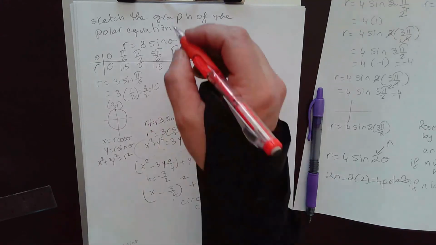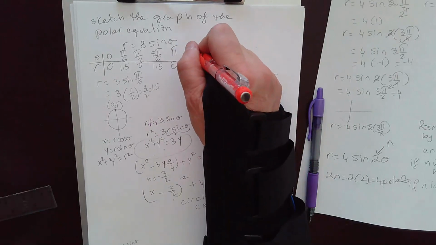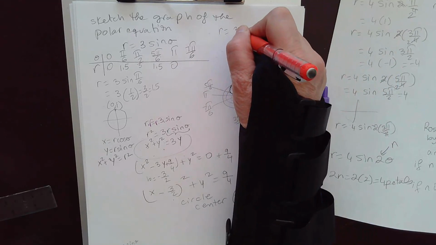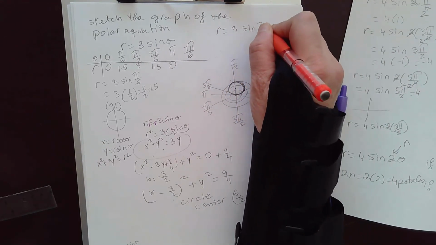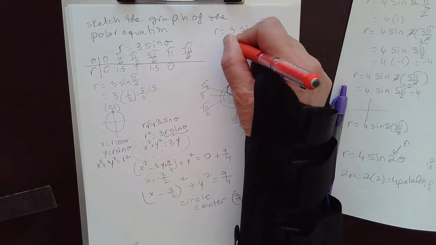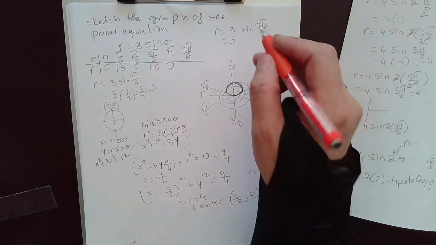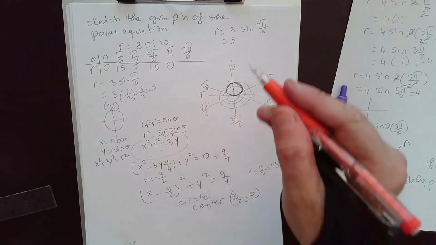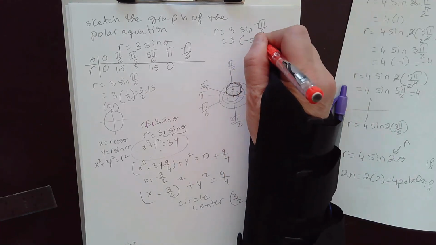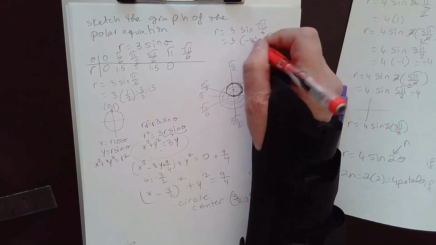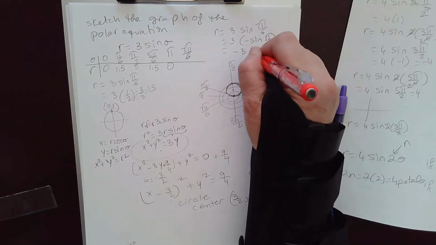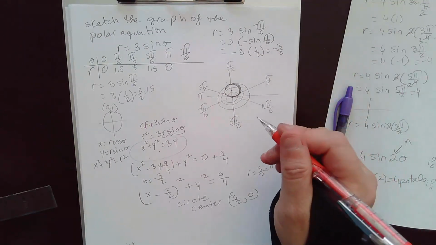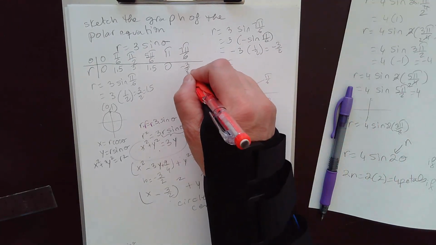What would have happened if you went on and selected 7 pi over 6? Then r equals 3 sine 7 pi over 6. Remember, the sine here is negative, so it's negative sine pi over 6. So that's -3 times 1/2, so -3/2, or -1.5.